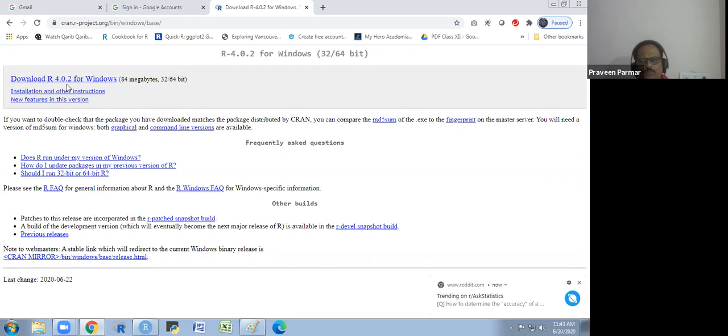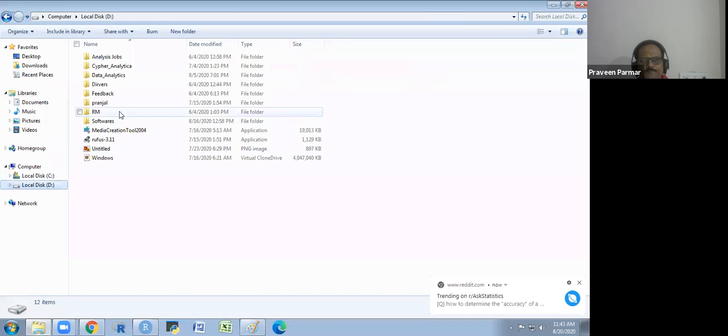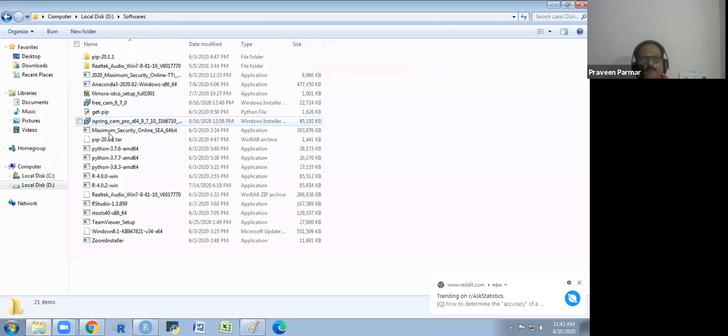After it is downloaded, you double click. This is the R 4.0.2 version; I have 4.0.0. I just double click, and it will be in my download folder or wherever. Then I double click on it to run it.